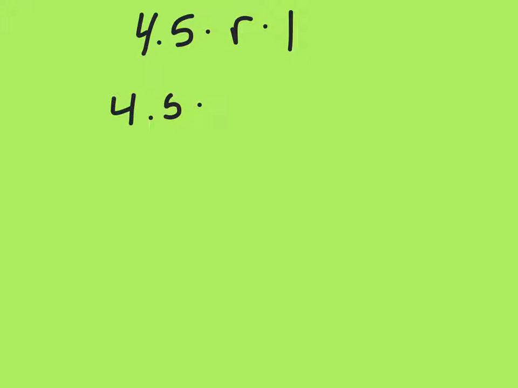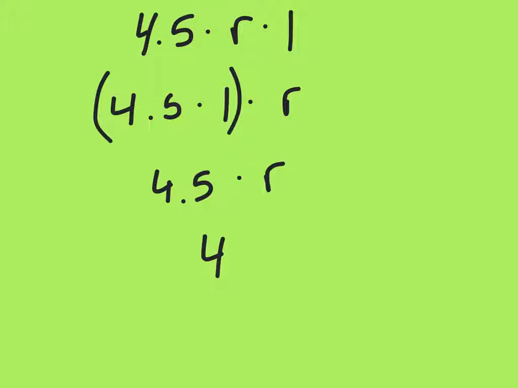Because it doesn't matter what order you multiply it in. So I'm going to multiply this first. 4.5 times 1 is 4.5. And then you have to multiply that by R. We don't know what R is, so we're just going to write it as 4.5R, or 4.5 times R. And then we're done, and we're simplified.